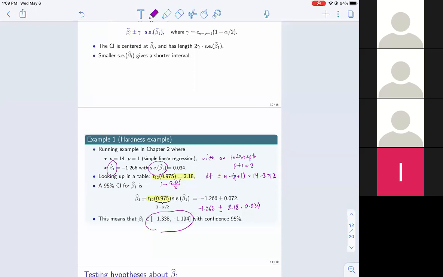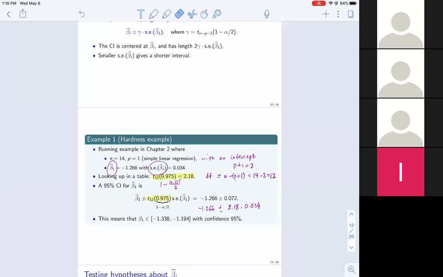And so what this is saying is that we can say that beta 1 is in this interval with confidence 95%. It doesn't mean that with probability 95% beta 1 belongs to this interval. Because if you repeat the experiment, you get a different value of beta hat 1, and you get a different value of the standard error.